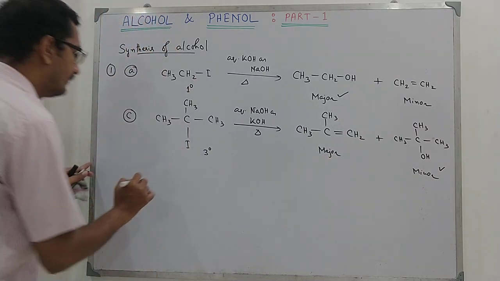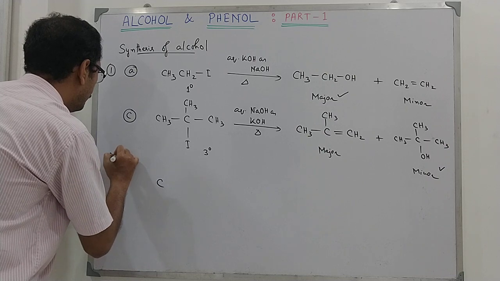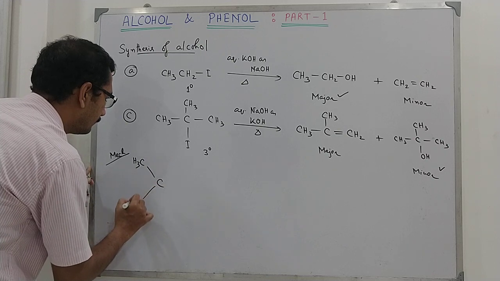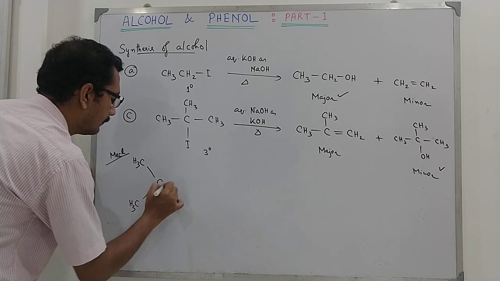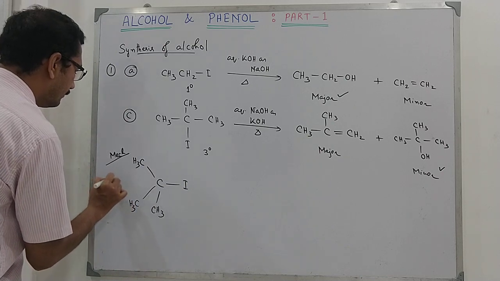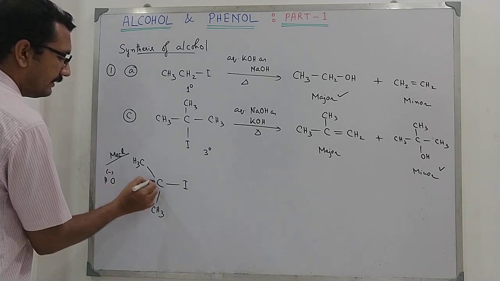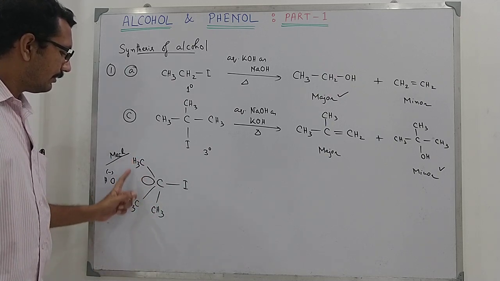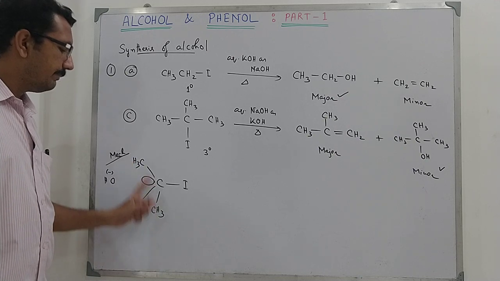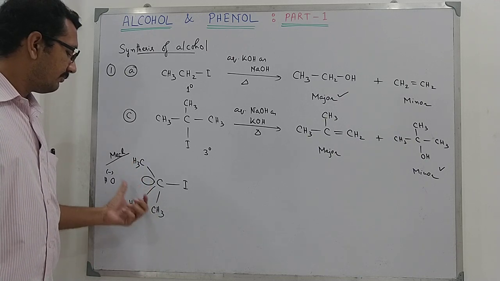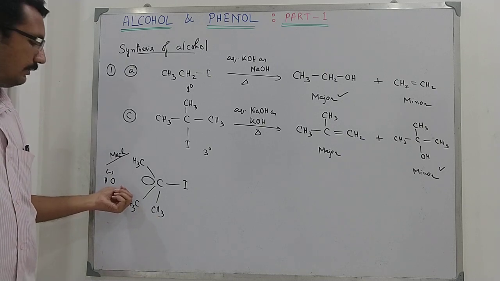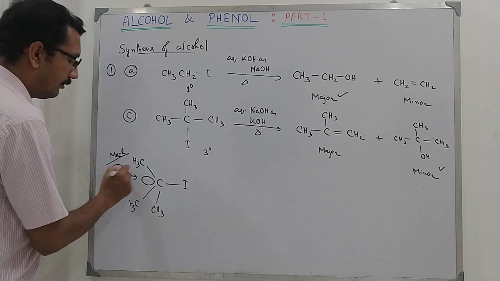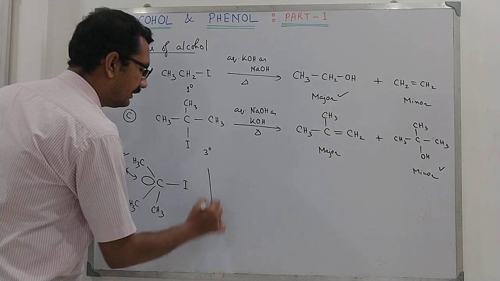So this is because if we discuss the mechanism, it will be like this: now this antibonding is within the cage of these 3 bulky groups, these 3 methyl groups. So this antibonding cannot be accessed by this OH minus ion. So there will be no SN2 attack. This will not occur. Now what may happen?